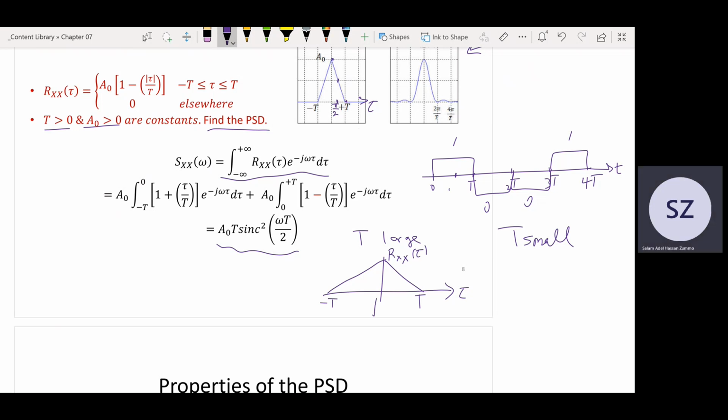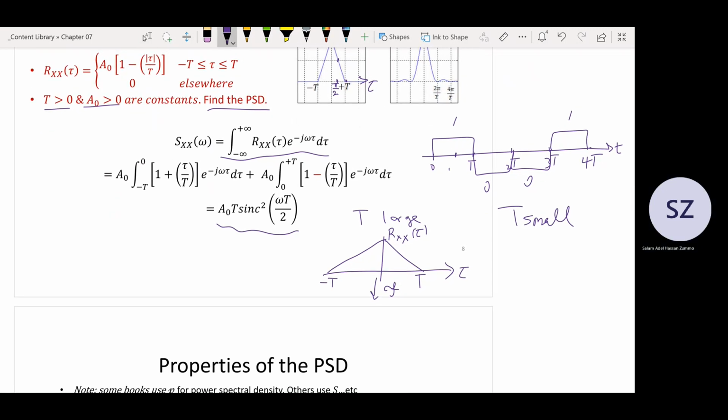Now if I take the Fourier transform of this, what do I get? I get the sinc function, right? The sinc function depends on omega T. So if you look at this, this will look like sinc squared. This is SXX.